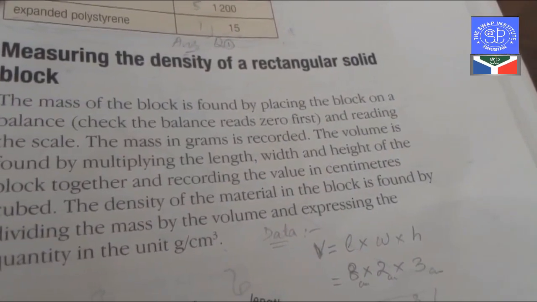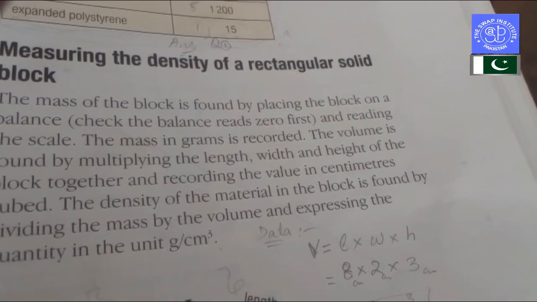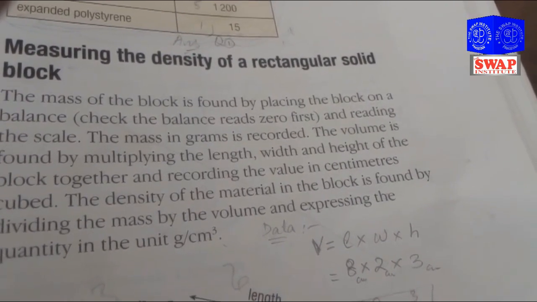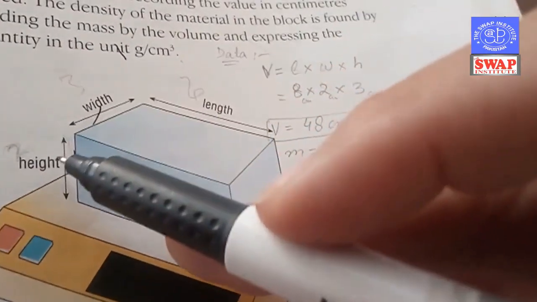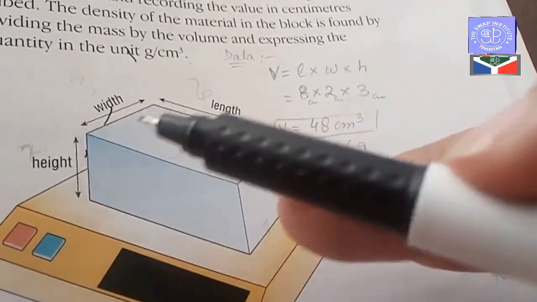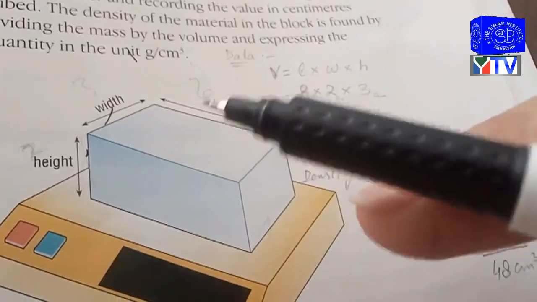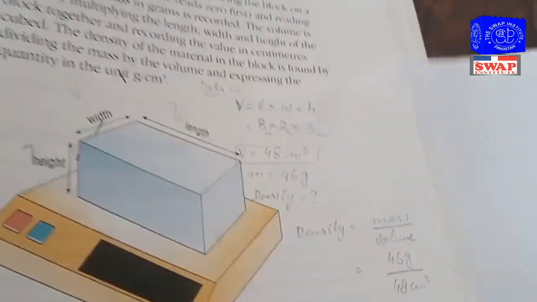The volume is always found by multiplying the length, width and height of the block together. Suppose you have this object, and we suppose the height of this object is 2 centimeters, the width is 3 and the length is 4 centimeters. So how will we find the volume?